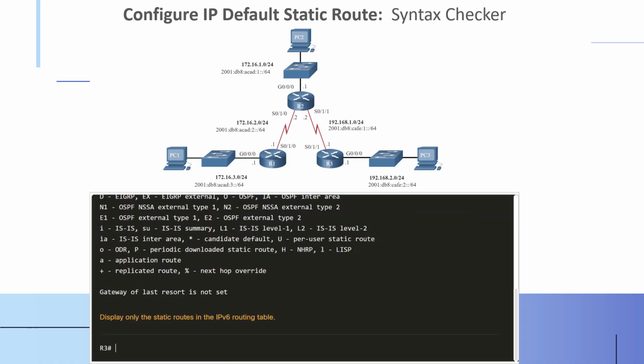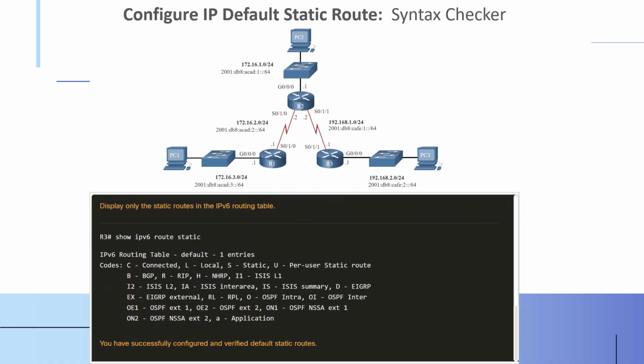So here, the same as router 1, we will configure the default static route to reach all the remote networks, which means using the command ip route with the network all bits 0 and subnet mask all bits 0, followed by the next hop, which is the IP address of serial 0/1/1 at router 2.